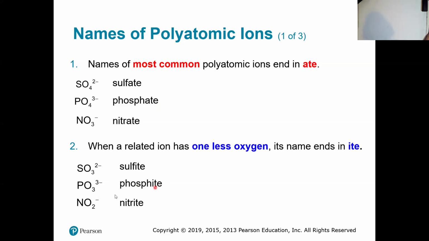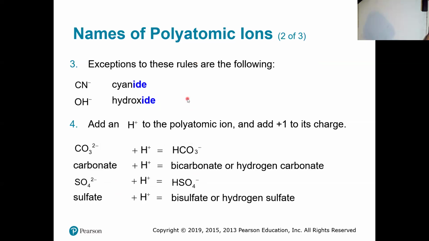Phosphite with 3 oxygens has the ITE ending. That's the relationship there. The only polyatomic ions that you're going to see that do not end in either ATE or ITE are the cyanide ion and the hydroxide ion. These are the 2 exceptions to that ending rule. But both of these ions are important, so make sure that you know their names.